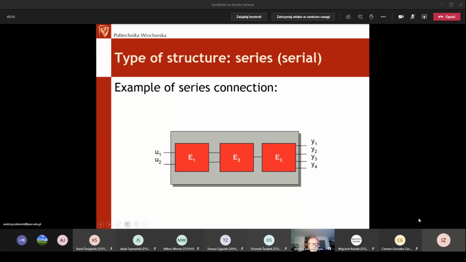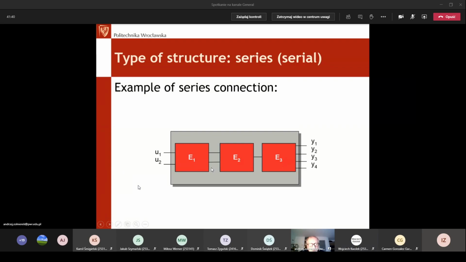An example of series connection is obvious, but you can see that element E1 is an element of 2 inputs and 2 outputs. And element E2 has corresponding 2 inputs and 1 output. And the most important thing is that every output of E1 is connected to the corresponding input of E2. For example, do you see this pointer? Yes.